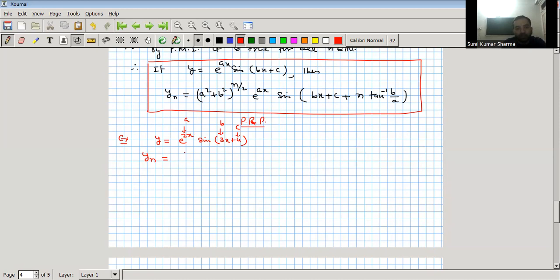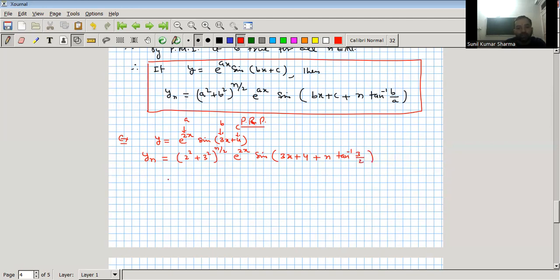yn is (a square plus b square) to the power n by 2. So a is 2, so 2 square plus b is 3 square, to the power n by 2, e to the power ax, e to the power 2x as it is, sin (bx plus c, b is 3, so 3x plus 4, plus n tan inverse b by a), b is 3, a is 2, so tan inverse 3 by 2.